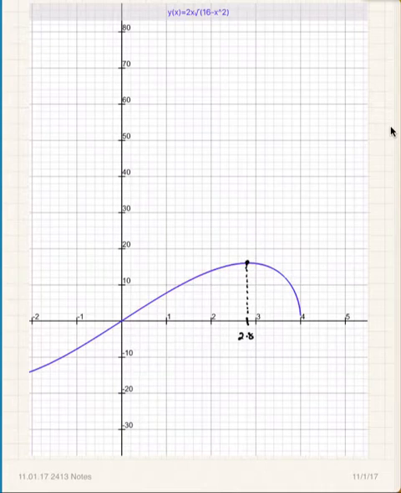And this value right here looks to be somewhere about 16, which would be our maximum area. Remember, this is our area axis, and this is our x-axis, and x represents the x-coordinate of that point on the graph.